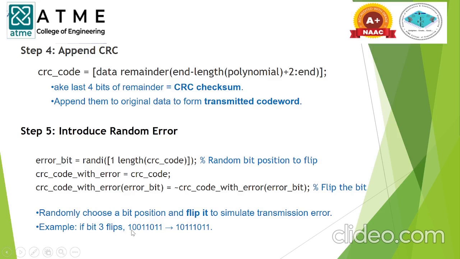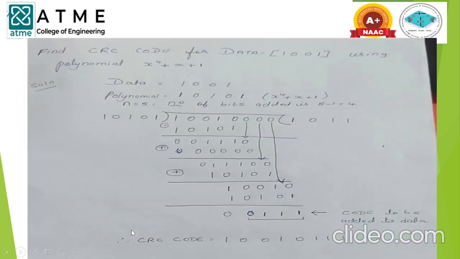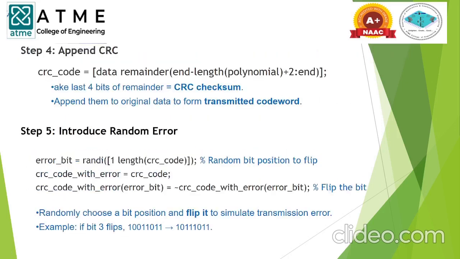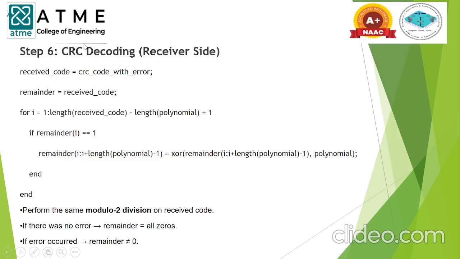The actual data is 1001 0111, and here there is an error introduced, and at the receiver end it is going to determine where exactly the error is.